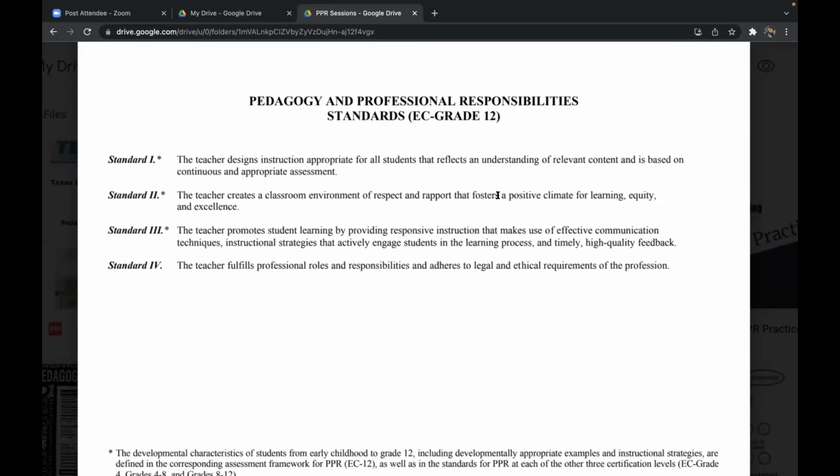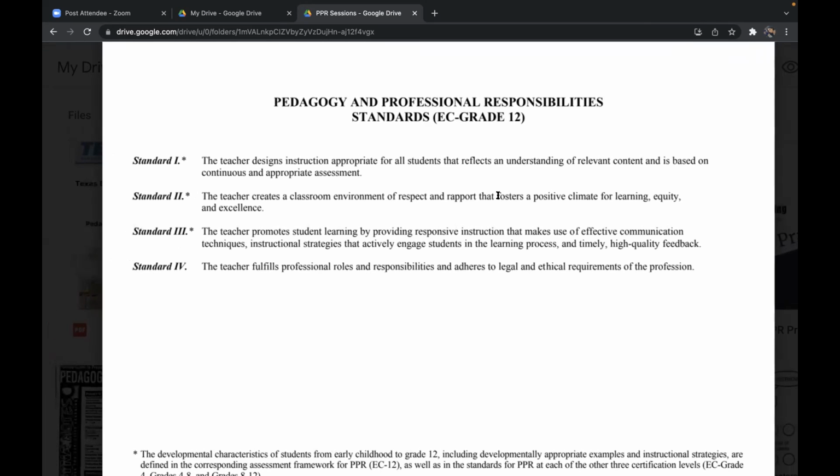These are our pedagogy, which is the science of teaching, and professional responsibility standards, EC, early childhood through grade 12. This is the document that TEA sends to the test maker. The test maker uses this document to rearrange the standards into domains, right?